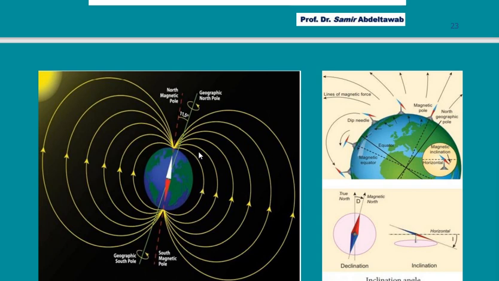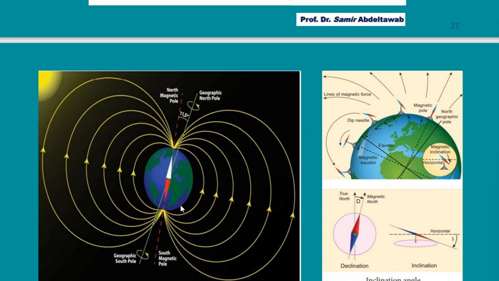The other thing is called the inclination angle. These are the lines of our magnetic field. The needle of the compass will point, of course, to the direction of the magnetic north, and it may not be horizontal. It may be inclined a little bit up or down, depending on the location on the Earth relative to the magnetic field.